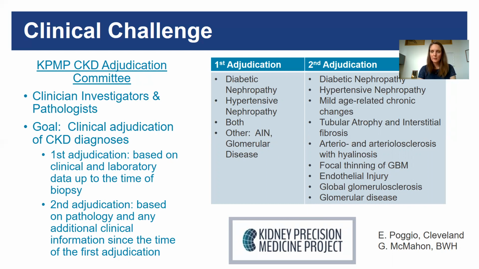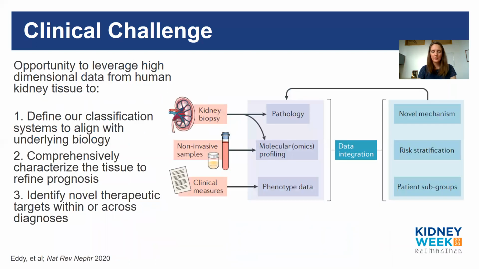And so I think this is really the opportunity of the landscape that we're living in now, that we have all of this high dimensional data that can be generated from human kidney tissue. And that, along with non-invasive biosamples, can really allow us to potentially redefine our classification system to better align with underlying biology.